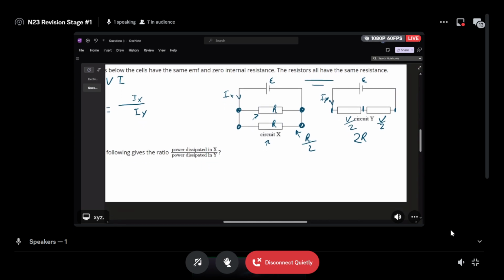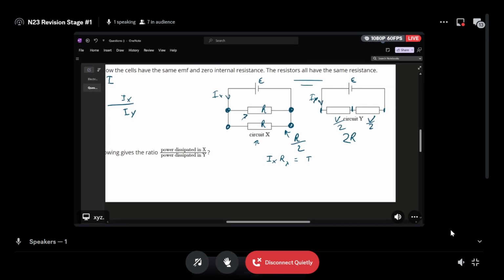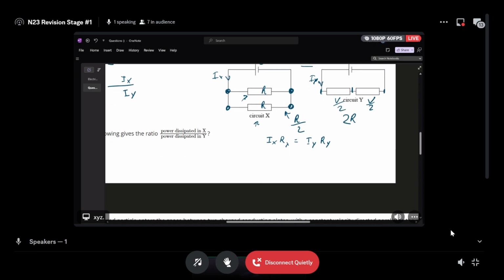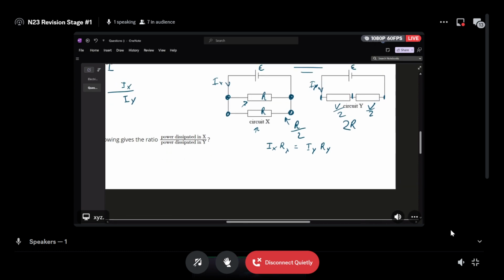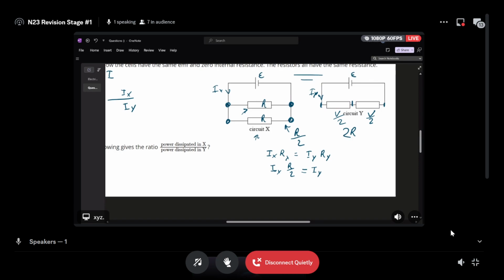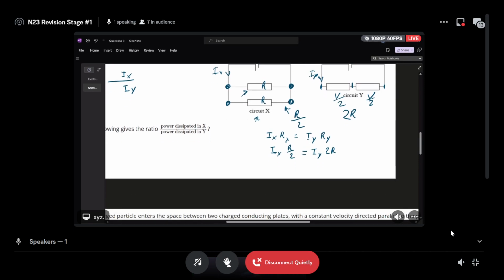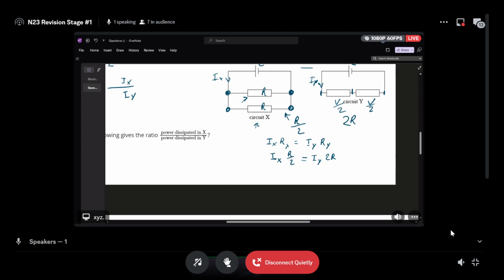If you're told that the two EMFs are equal, then you're told that Ix times Rx is equal to Iy times Ry. So if Ry is 2R and Rx is R over 2, we get Ix times R over 2 equals Iy times 2R.